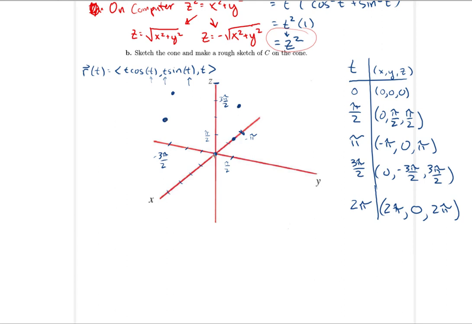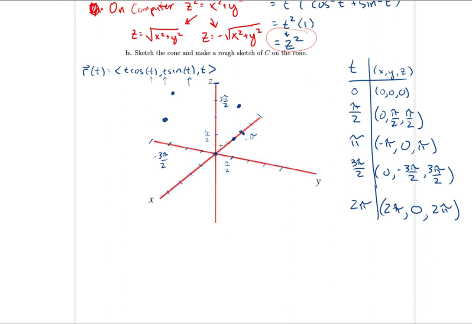How do I connect all this up? Well, I know it's got a spiral, and it's all got to be contained in a cone. So one thing that might be useful to us is to now make a cone that goes out from -2 pi to 2 pi in both directions.